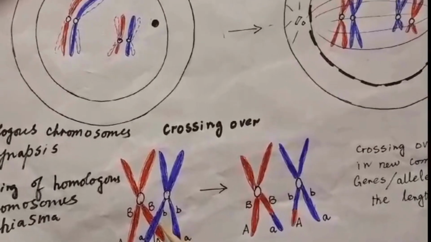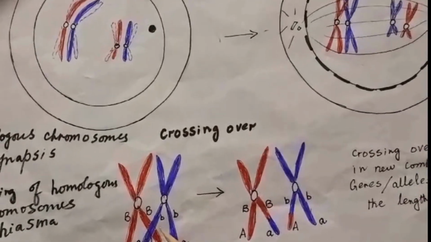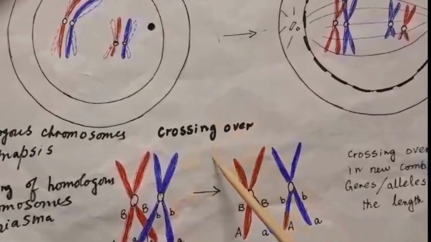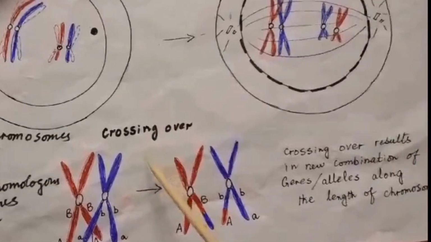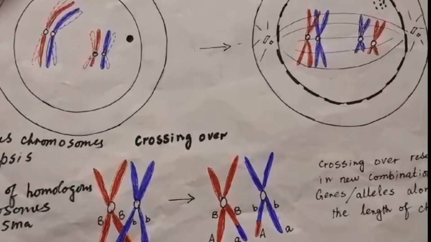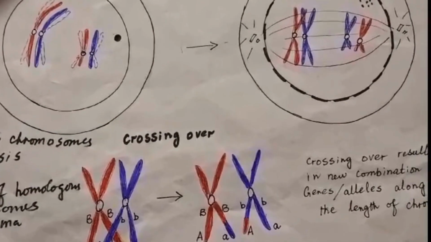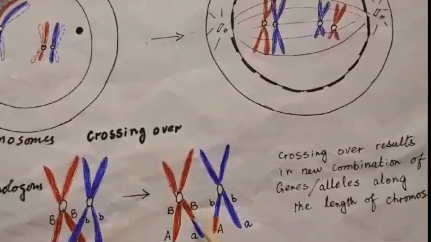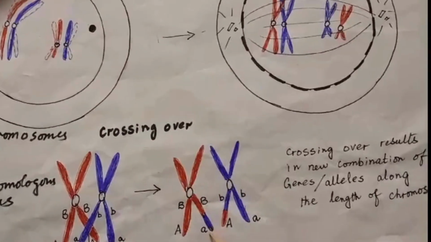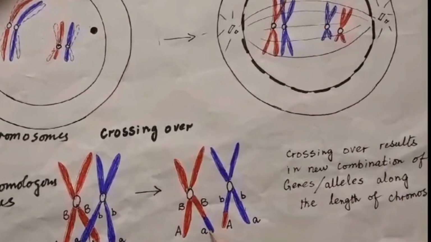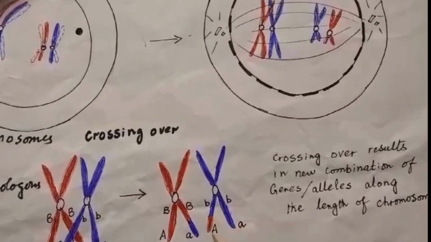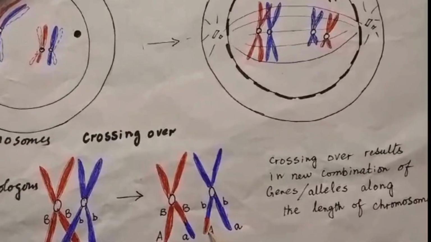When these chromatids of homologous chromosomes overlap, this process is called crossing over, and during crossing over, the chromatids exchange their parts. For example, you can see the red chromatid has a little part of blue attached to it, and the blue chromatid has a little part of red attached to it.